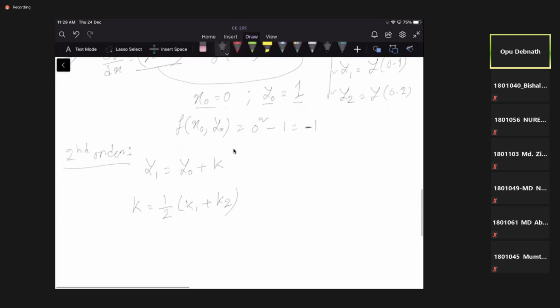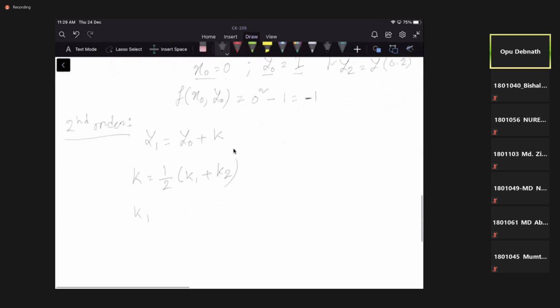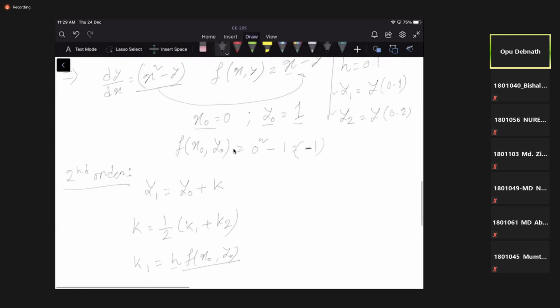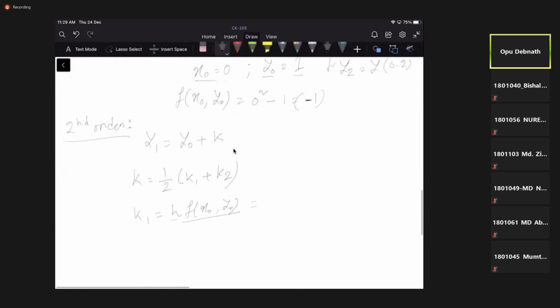Then k1 is equal to h f of x0 y0. We already calculated f of x0 y0, that is minus 1, and we assumed h is 0.1. So 0.1 multiplied by minus 1 gives minus 0.1.